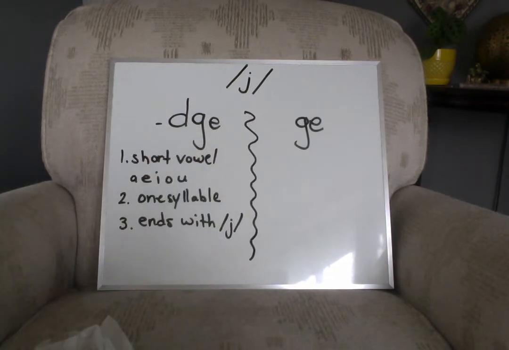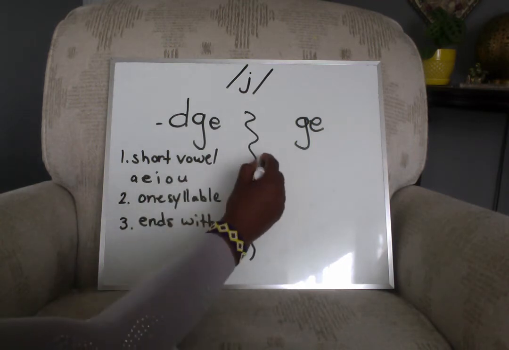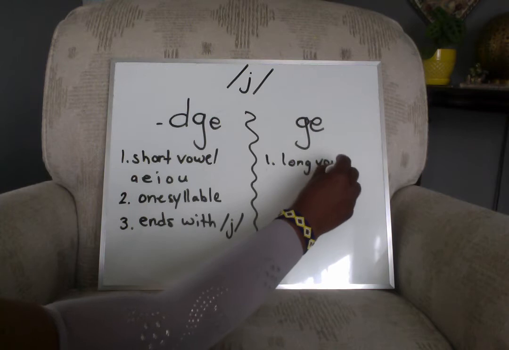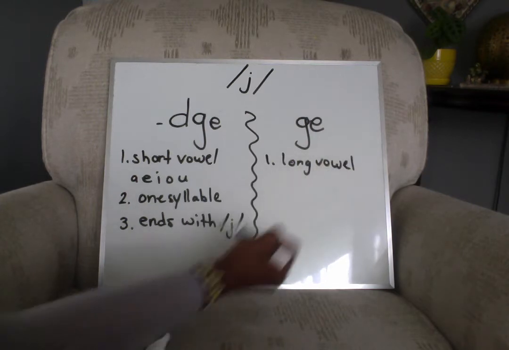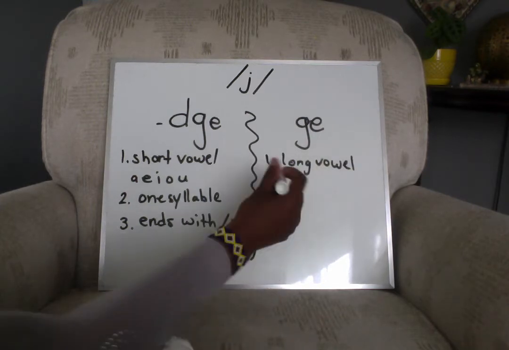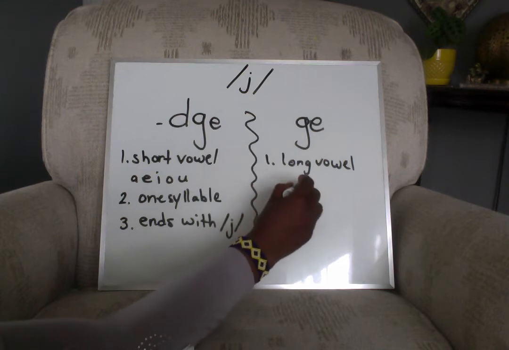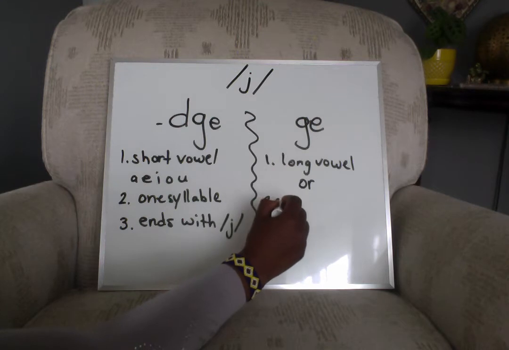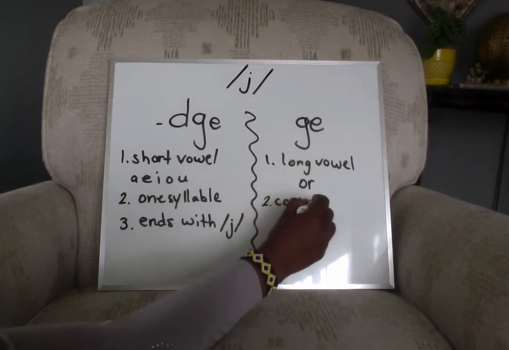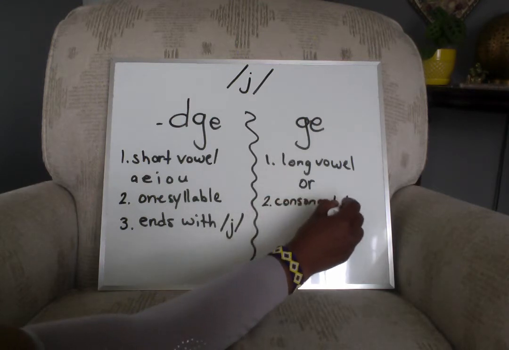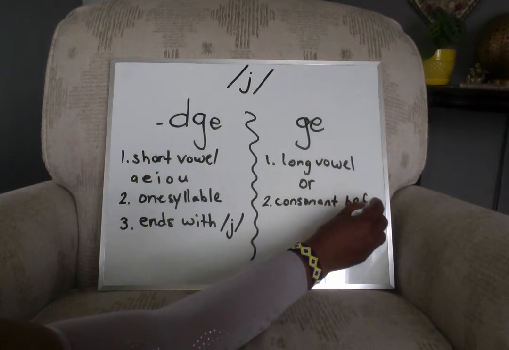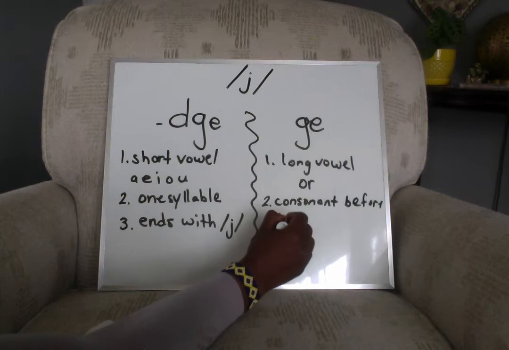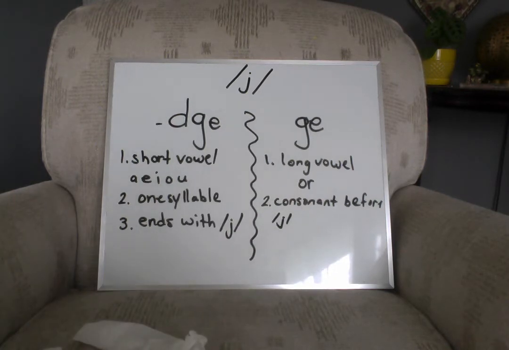If you have a word that has a long vowel sound, or a consonant before the J sound, then you use GE.